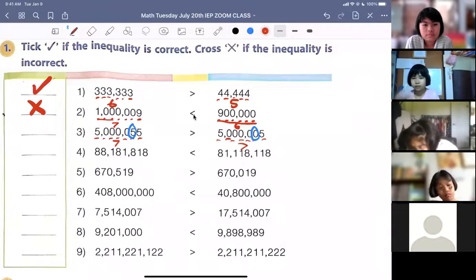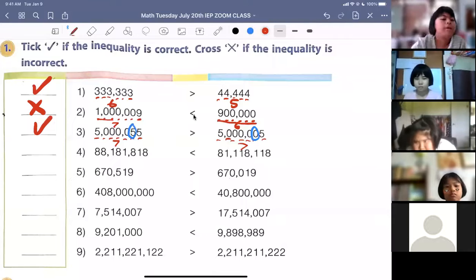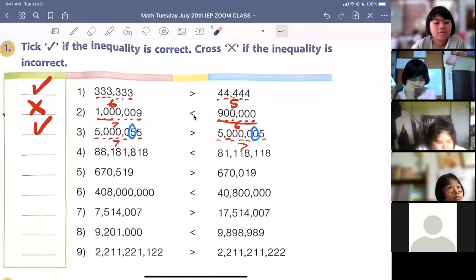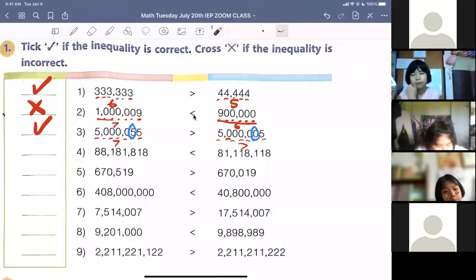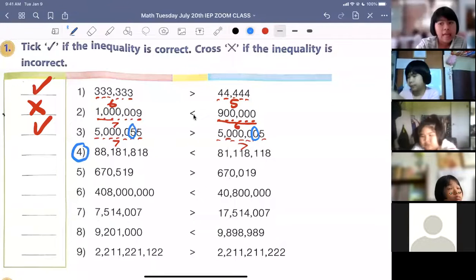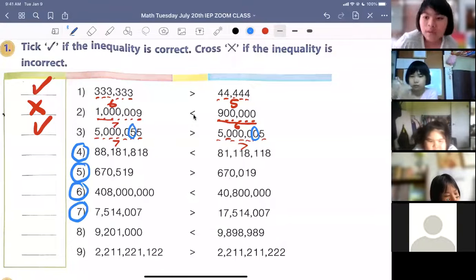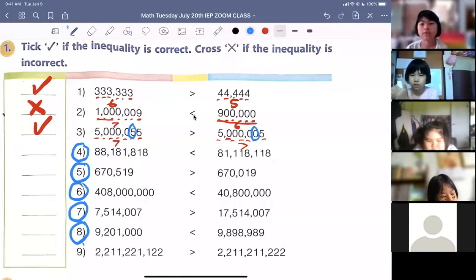We're going to write check. All right. Homework, pay attention. Homework number 4, number 5, number 6, number 7, number 8, number 9.